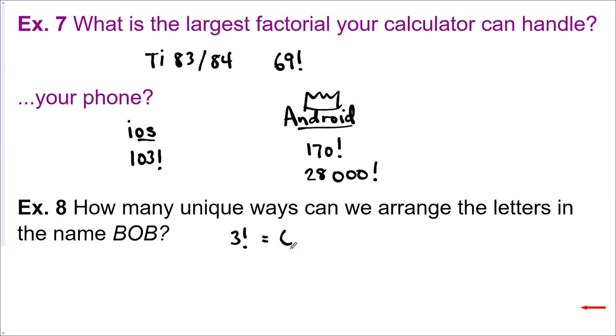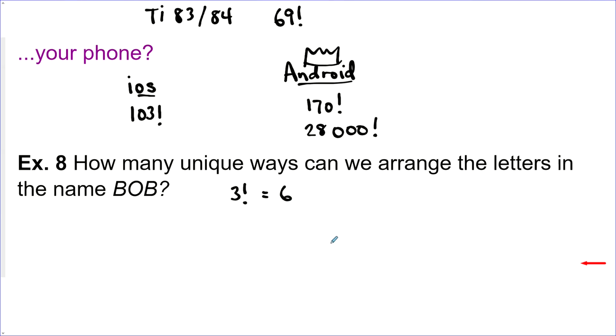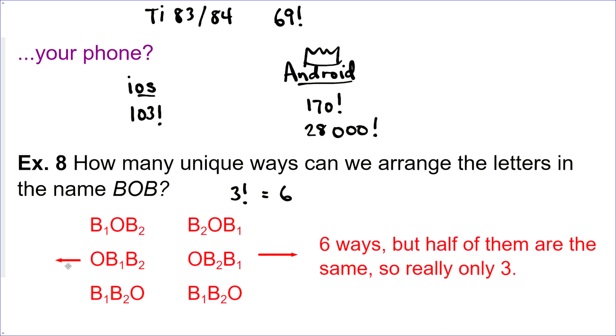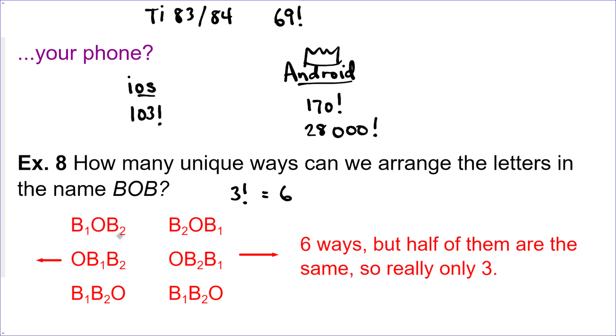And that gives us 6, and that's just too many. So we want to adjust it for the two B's that are in this word here. Now, if we could label them so that they're different, then we would see that there are 6 different arrangements here. But this Bob and this Bob is not really a unique arrangement.